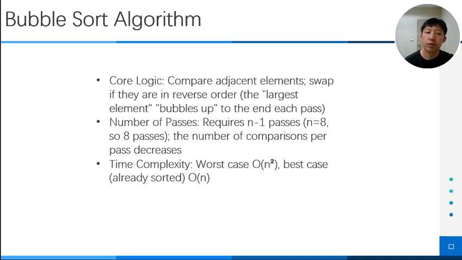The number of passes is n minus 1 to 1. Here n is 8, so 8 passes. The number of comparisons per pass gets smaller. For speed, the worst case is O(n squared), and the best case is when numbers are already sorted.